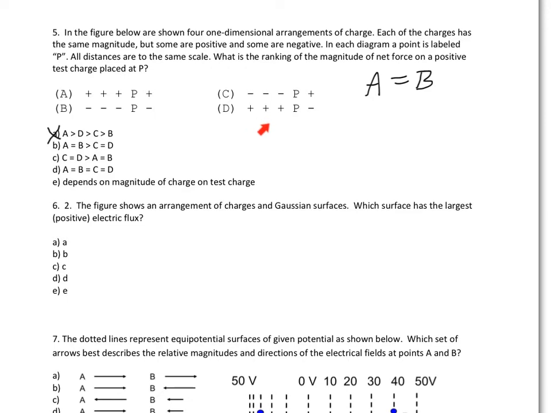Again, by the same reasoning, all of these forces, their magnitudes are the same, but the directions are different. So going from C to D, you find out that the net force on point P merely changes direction and not size. So in the first case, it would be pulled to the left, and in this case, it would be pulled to the right.